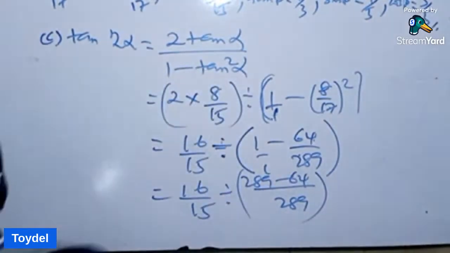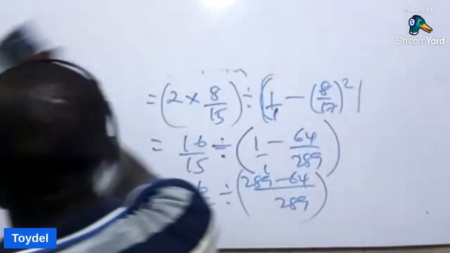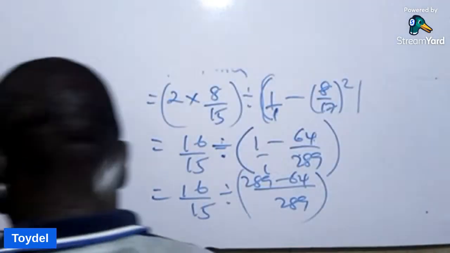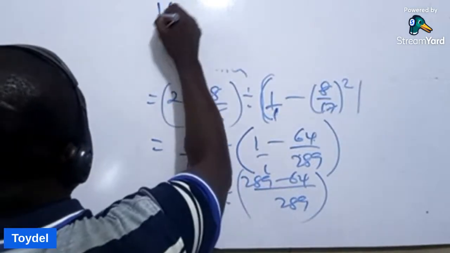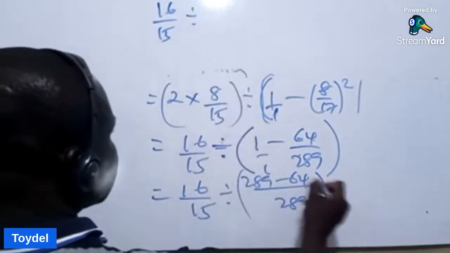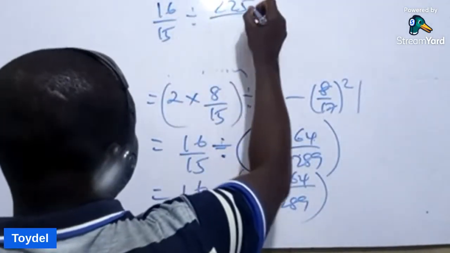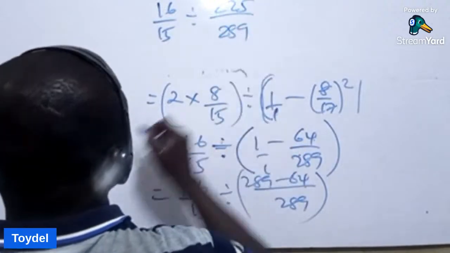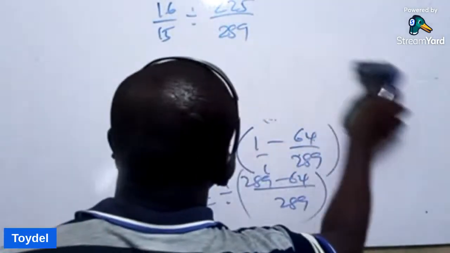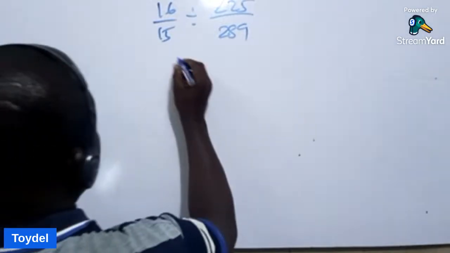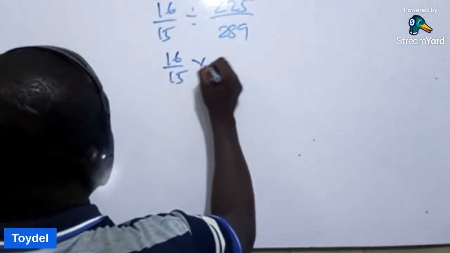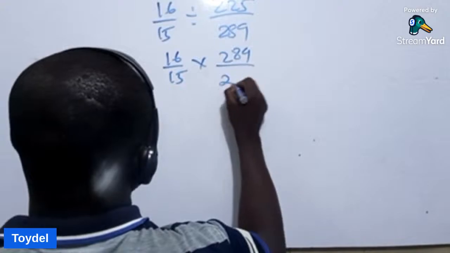So I will continue from here. I'm going to have 16 all over 15 divided by 225 all over 289. Then from here, I'm going to have 16 divided by 15 multiplied by 289 divided by 225.